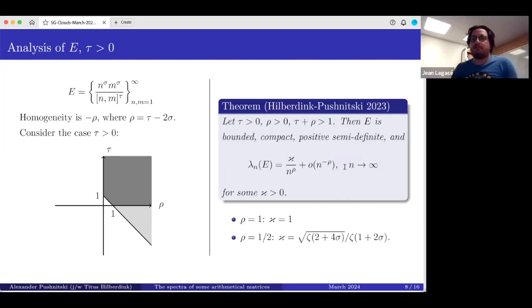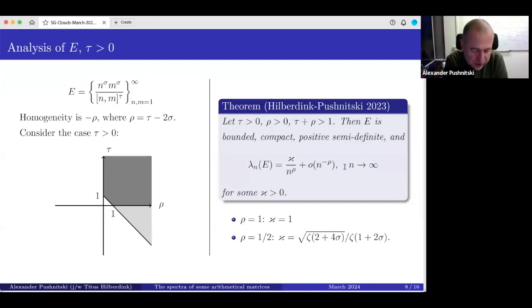So you said that as someone who does operator theory, you were interested in the bounded and compact situation. But let's say I want to know about the unbounded situation. Do we know anything about them? Do they have compact resolvent, for example? It's a great question. I think it's completely open.